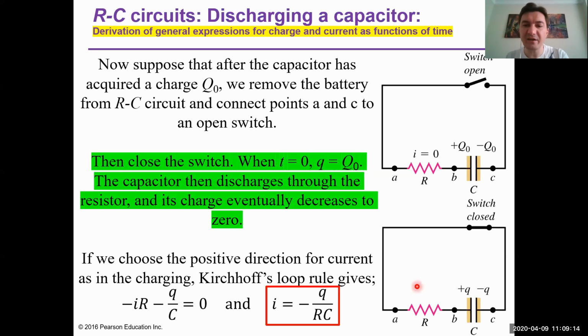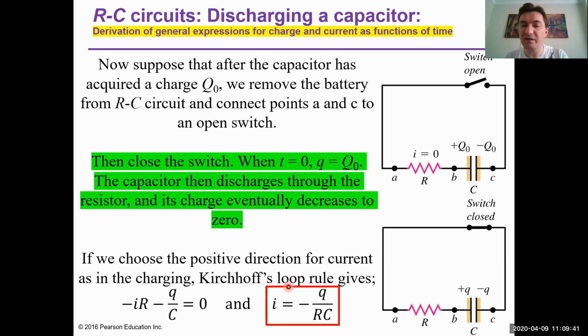So travel direction and current direction are in the same direction. Then for the resistor, we can apply Kirchhoff's loop rule. Here we have minus I times R. And for this one, travel direction from positive to negative, so it is negative Q over C, which is equal to 0. And if we take the current from that expression, we can find I equals minus Q over RC.